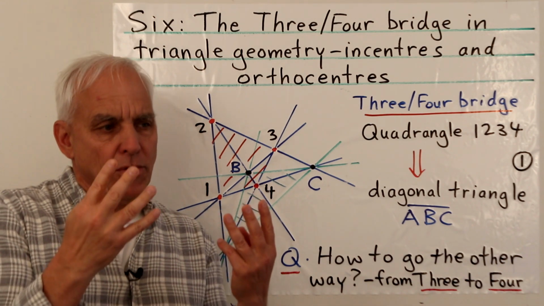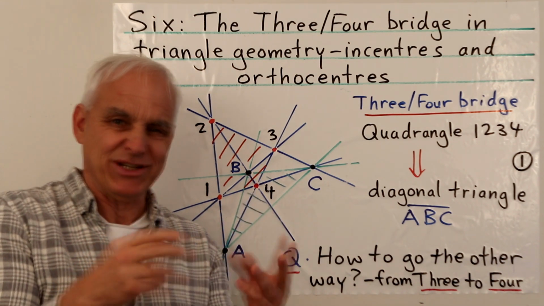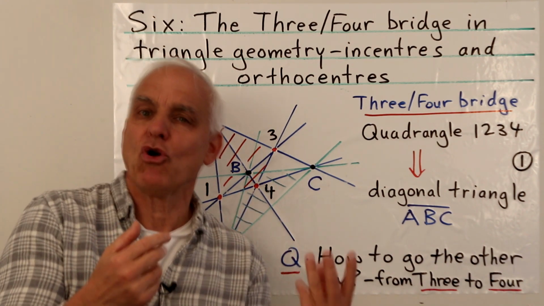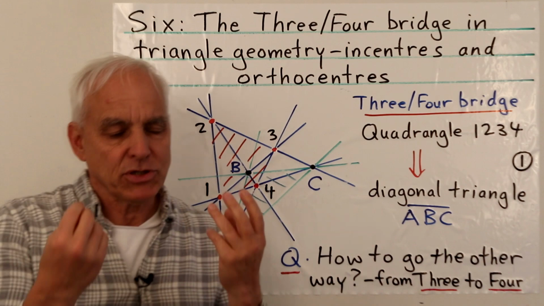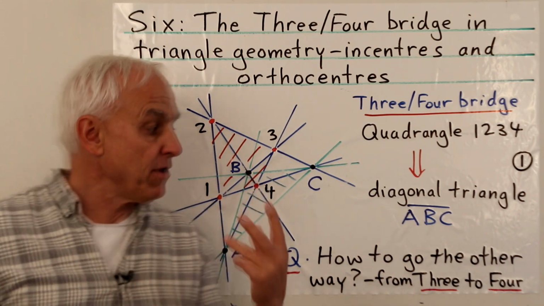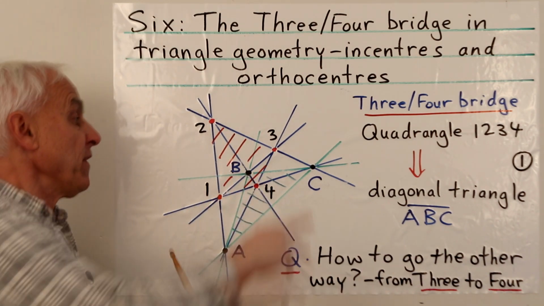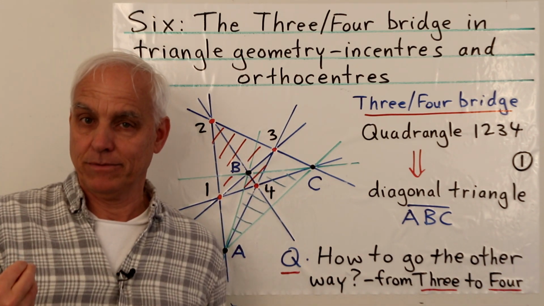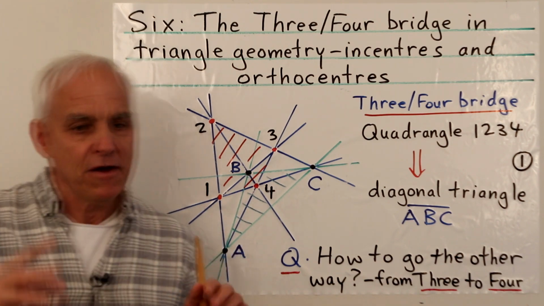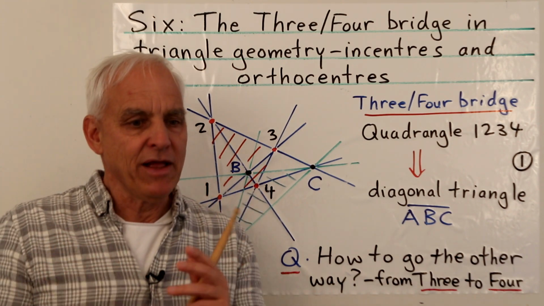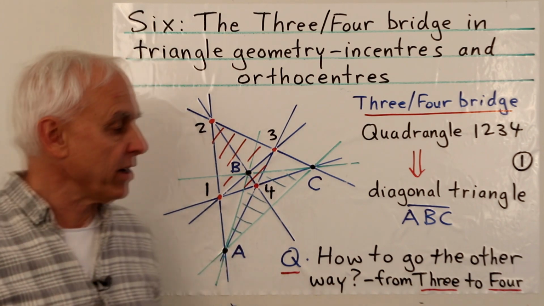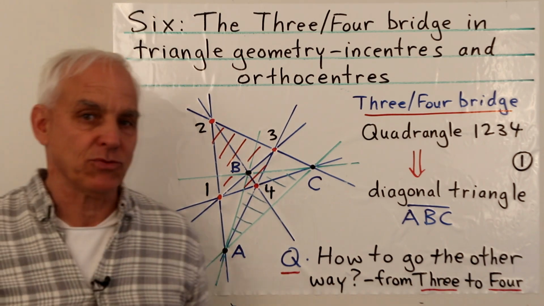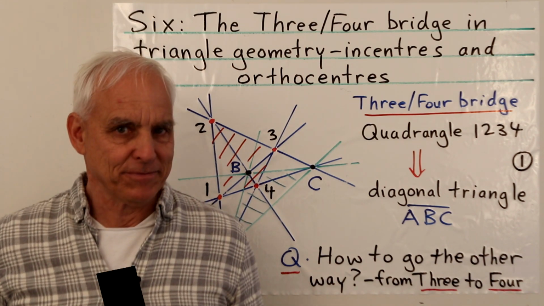And although it's reasonable to go from 4 points to 3 points uniquely, it's not so obvious that we should be able to go backwards uniquely. In other words, we can't really expect that given 3 points, there's a unique configuration of 4 general points that are somehow determined by them. So that's a bit of an aspect here. 4 to 3, we're losing some information and we can't recover it so quickly. Anyway, answering this question is quite interesting and connects with some interesting triangle geometry.